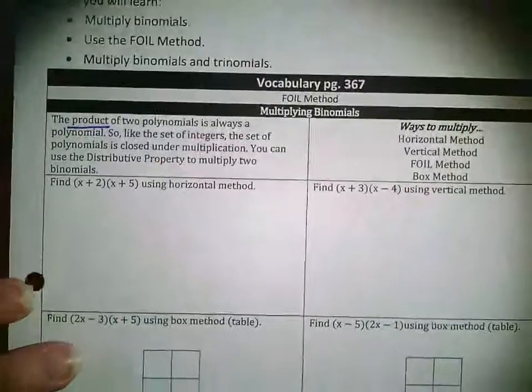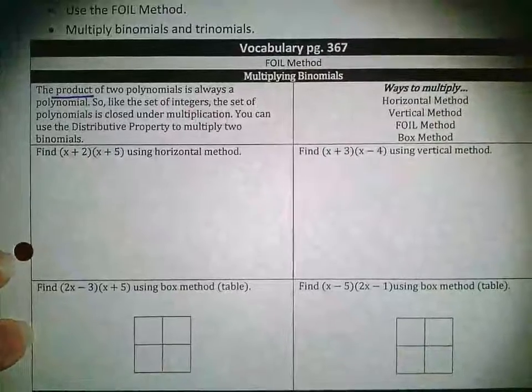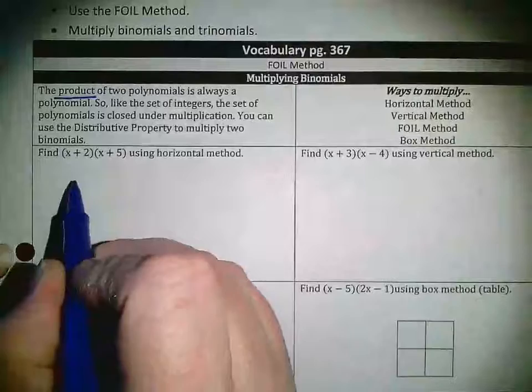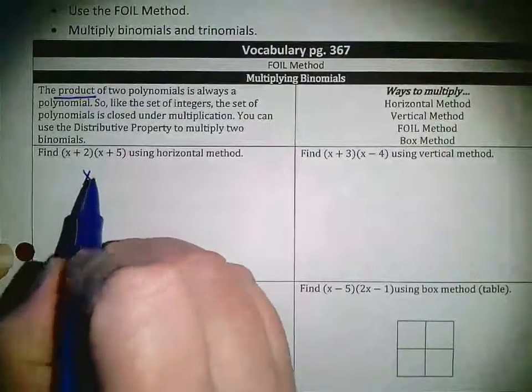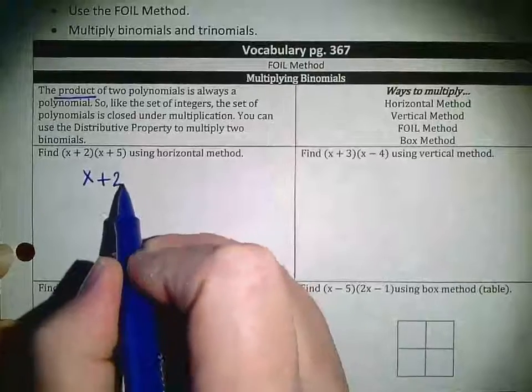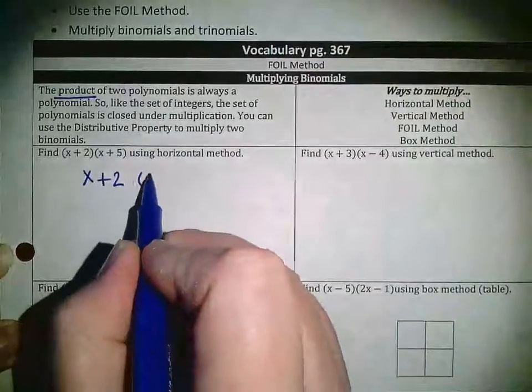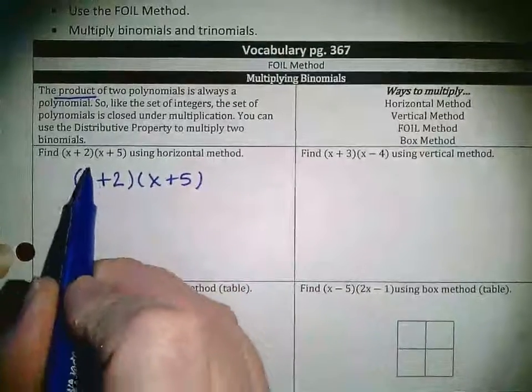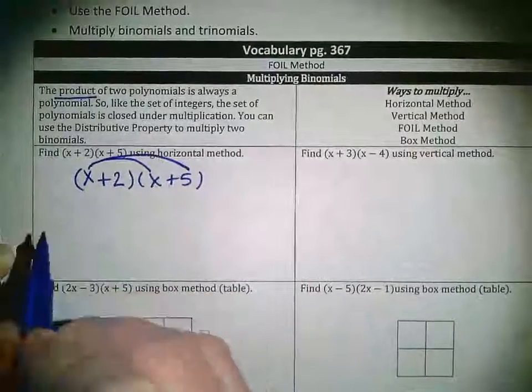So using the horizontal method. If you're using the horizontal method, remember that the horizontal method is x plus 2 and x plus 5. You're going to take the x and you're going to distribute it to both of those things.